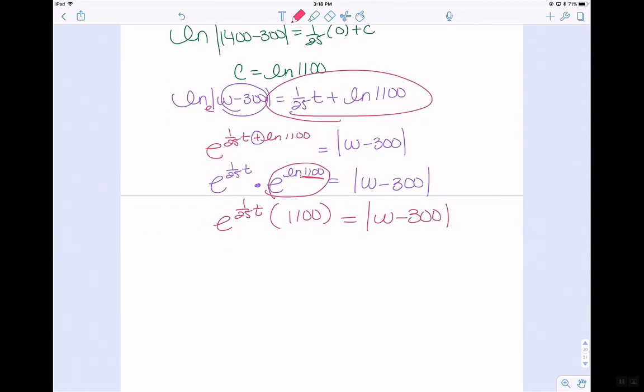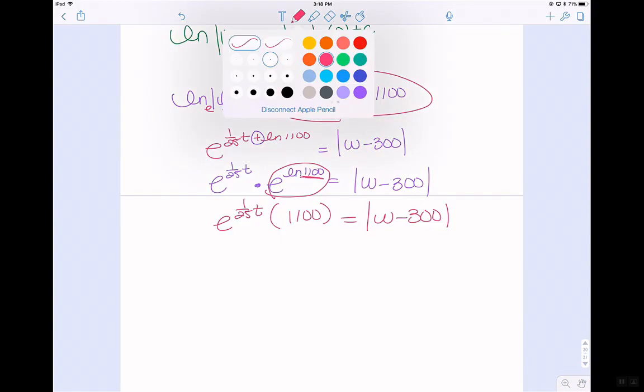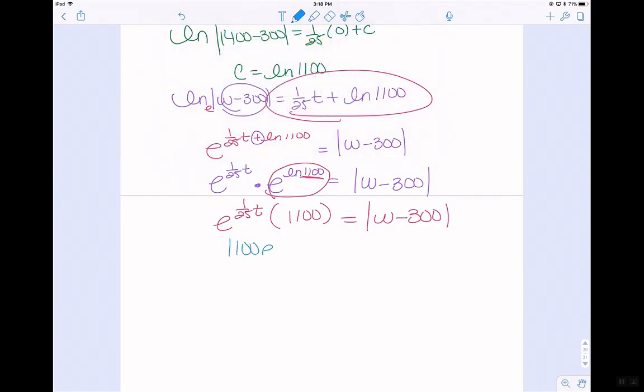I'm still trying to isolate W, meaning W to the first power with only the coefficient of 1 and nothing being added or subtracted to it. So that gives me 1100 e to the 1/25 t is equal to the absolute value of W minus 300. Now, when we talk about dropping the absolute value bars, we look at the initial condition.